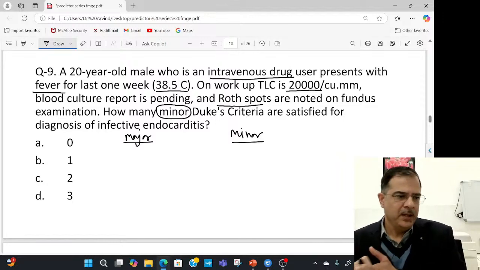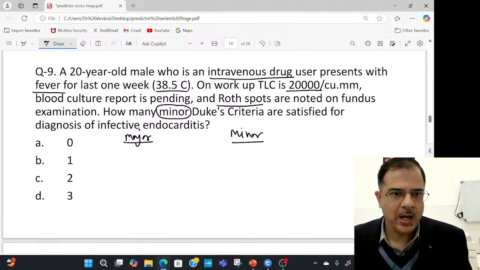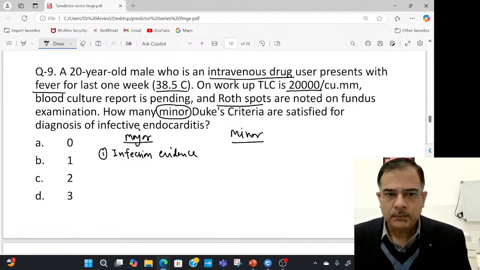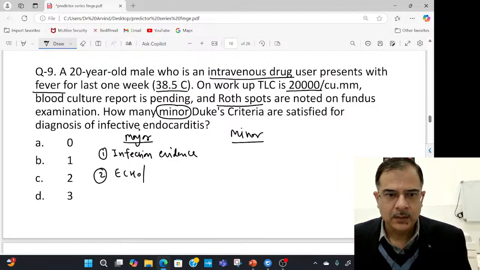Duke's criteria. So the major criteria are: number 1, infection evidence. Number 2 is echo or CT evidence of vegetation.